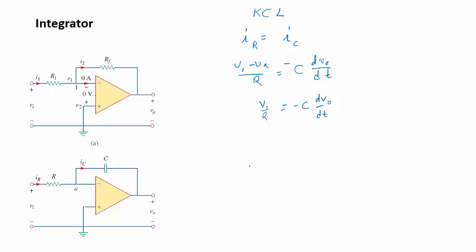So this looks like a differential equation that we can solve. So we do V1 over R dt, we'll put the minus C on the bottom over here, equals dVout. Correct?